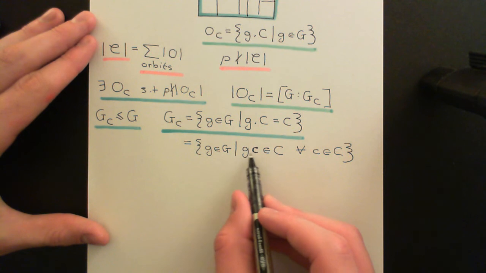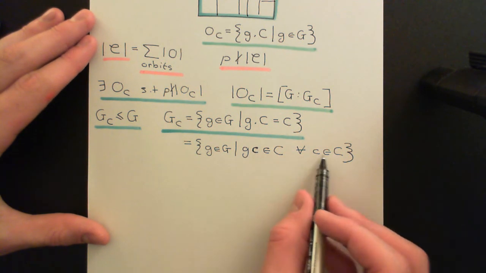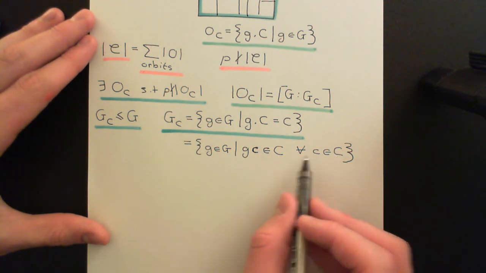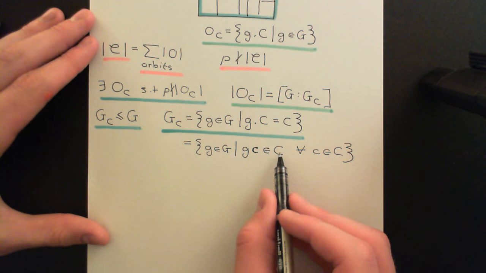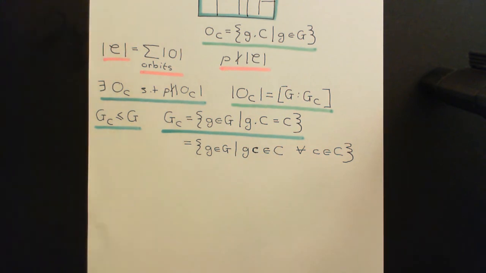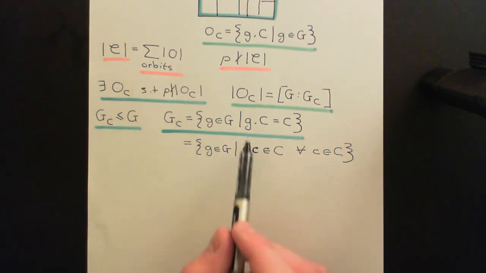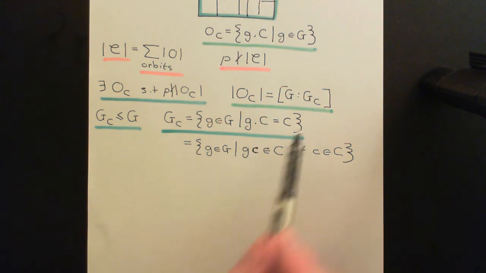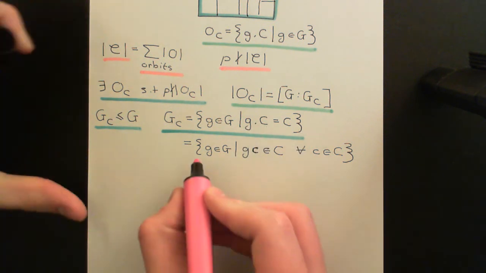I'm saying that whenever I multiply some element of the subset capital C by little g on the left, it must be an element back in the subset capital C. That's the equivalent of saying that when I act little g on capital C, I get capital C back again.